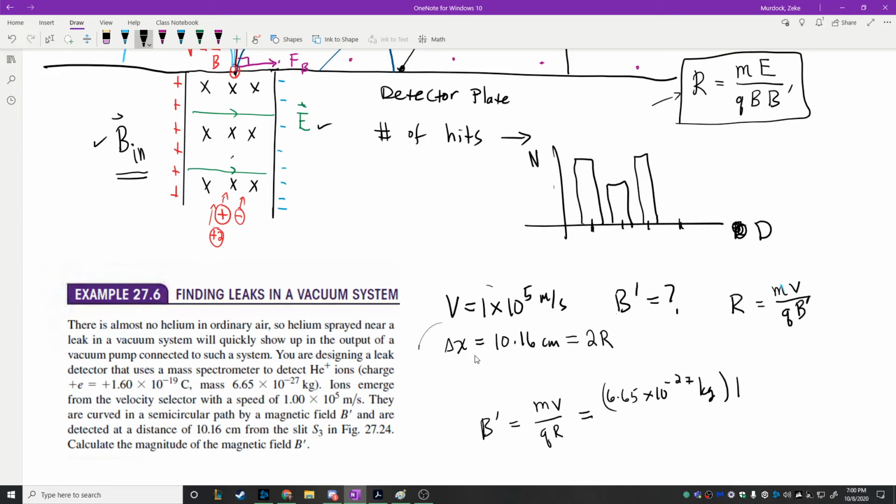Velocity is 1 times 10 to the 5. And then divide by charge. And then the radius is half of that, which would be about 5.08 times 10 to the negative 2 meters.